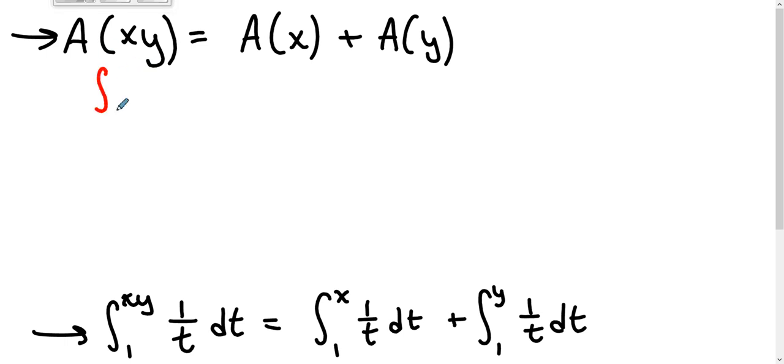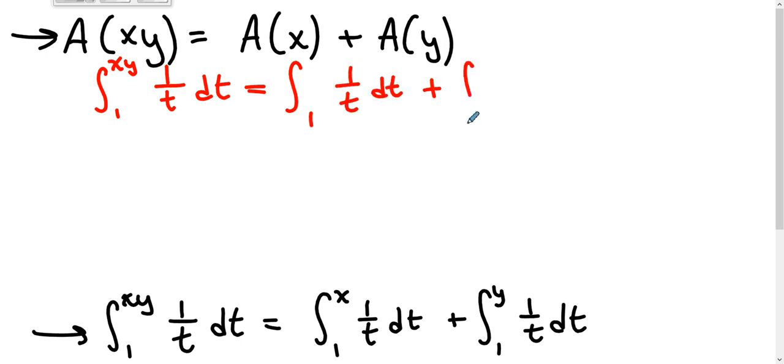So let's do this. Let's begin with a notion that is very Calc 1. When you have an integral from 1 to xy, that's the integral from 1 to something plus the integral from that something to xy. And we can choose any number we like to fill in that gap as long as this is the same as that. And so the number we're going to choose is x.